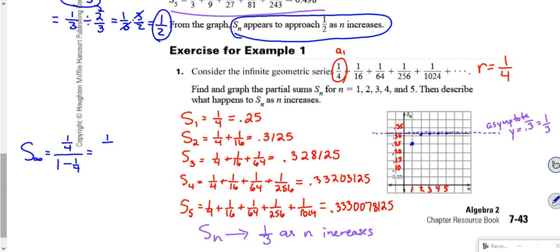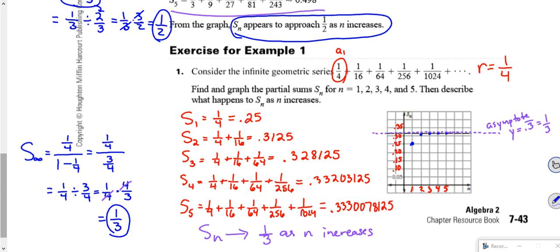So this is 1/4 divided by 1 minus 1/4, which is 3/4. So 1/4 divided by 3/4 equals 1/4 times 4/3. Again, the 4s would cancel, so that equals 1/3. So yep, that absolutely works.